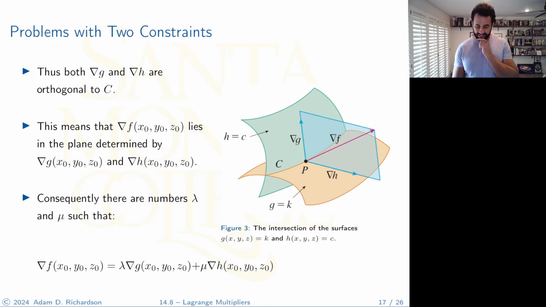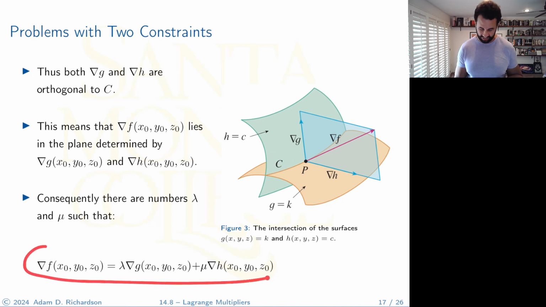Well, because these two things are orthogonal, what we can do is write the gradient of F as a linear combination of these other two gradients. Think about vector sums, right? What I'm saying is that if you want to write this vector, you can write it as a scaling of this vector plus a scaling of this vector. And if you think about geometric vector arithmetic, the sum of those two scaled vectors will be equal to F. That's really what this is saying right here.